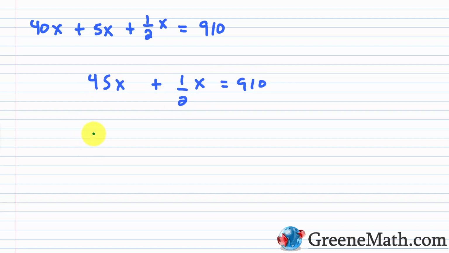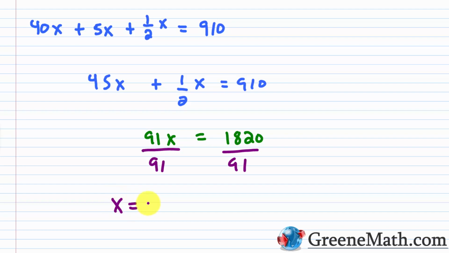So the 45X, if I multiply that by 2, I get 90X. Then plus 1/2 X times 2 would be just X. And this equals 910 times 2 would be 1820. And now 90X plus X would just be 91X. So let's write this as 91X. To get X by itself, I divide both sides of the equation by 91. And we're going to find that X is equal to 20.